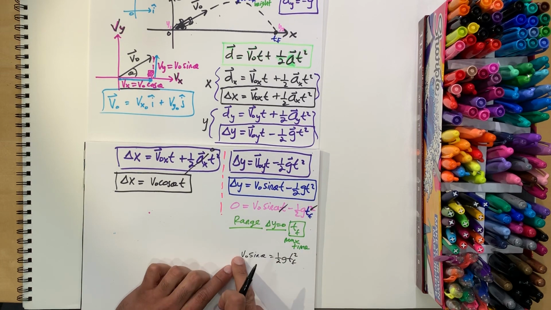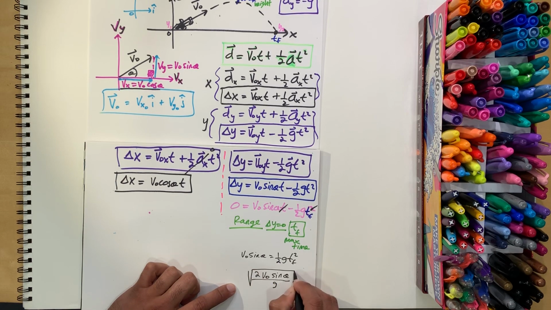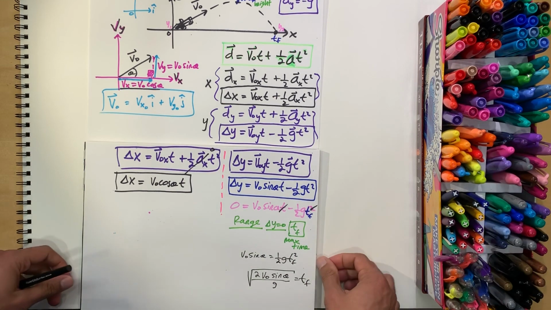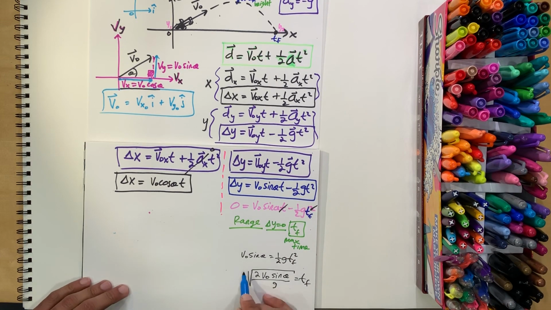I'm gonna pass the 2 over, divide by g. So 2 v initial sine theta divided by g, and then square root everything, and that's equal to time final. So make sure you guys could see. Okay, so that's time final. All right, and let's box this up because we're gonna need this now.